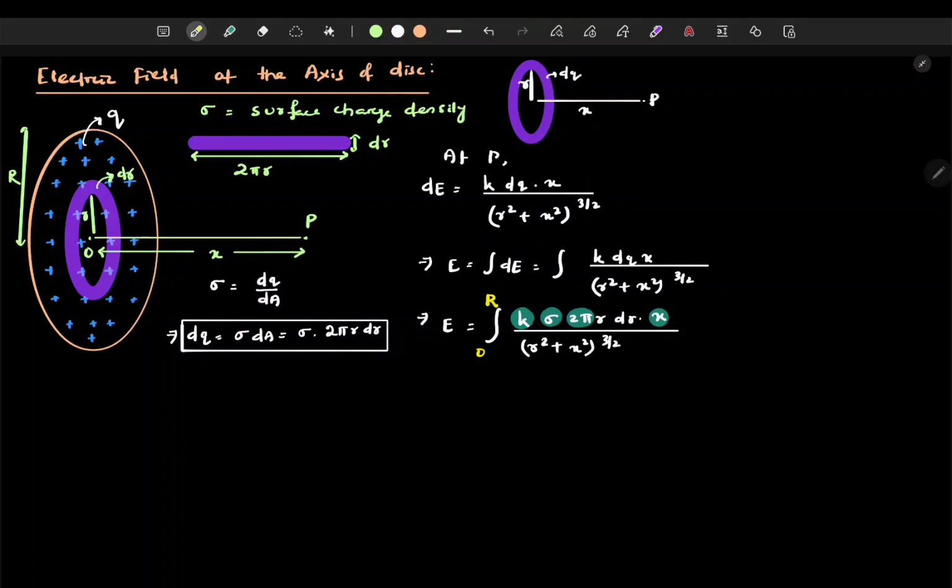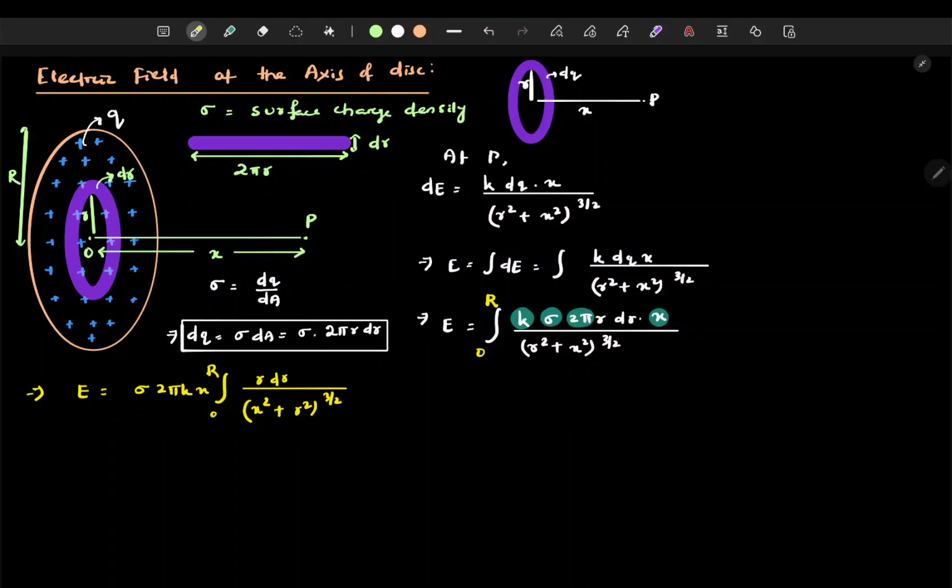And write the thing again. So E is equal to sigma 2 pi kx integration 0 to capital R, r dr divided by (x square plus small r square) power 3/2.